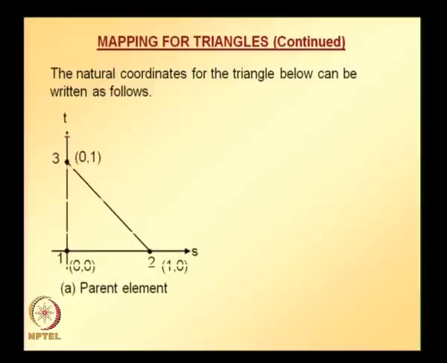So, we need to find L1, L2, L3 for the parent element, parent 3 node element. Natural coordinates for the triangle below can be written as follows.